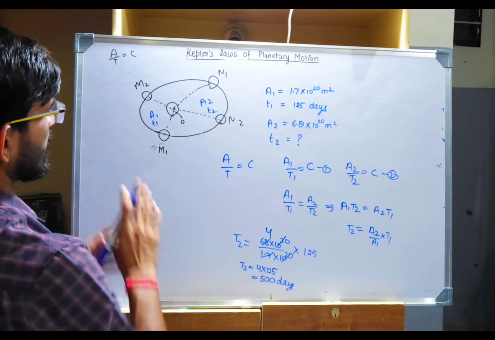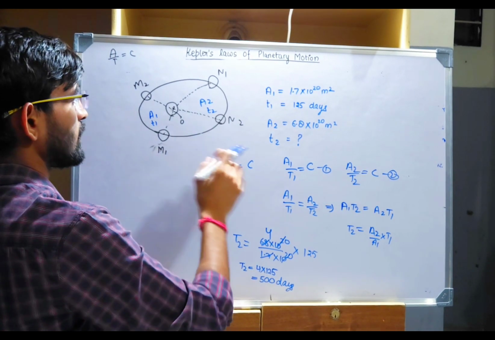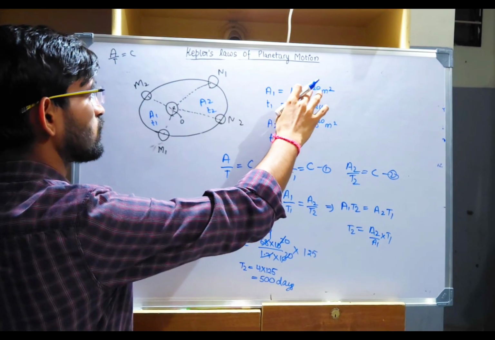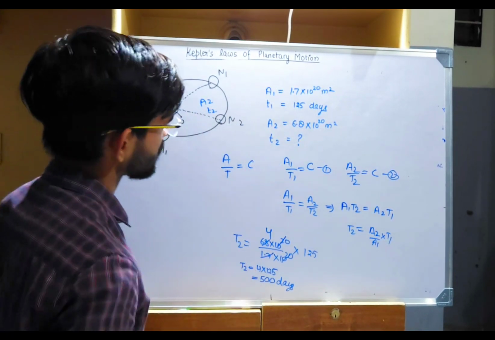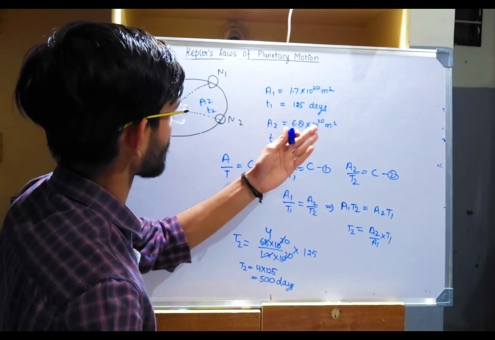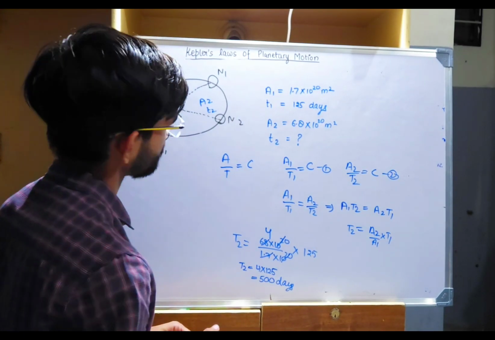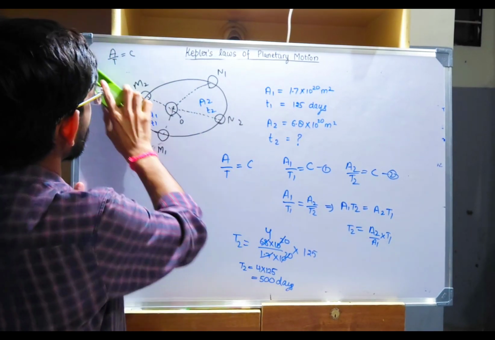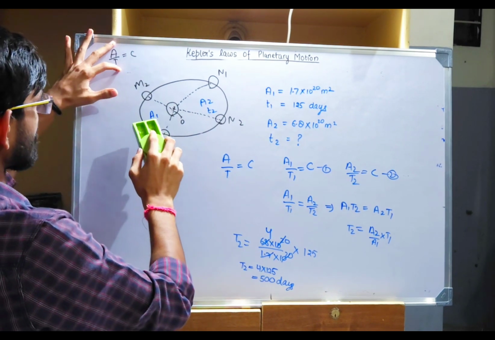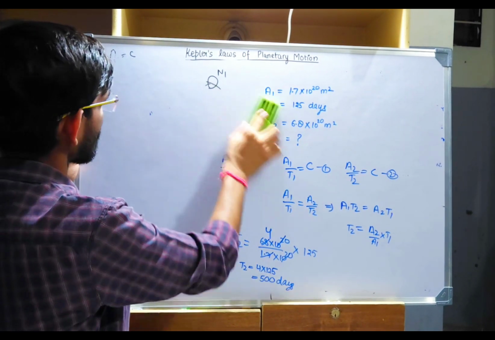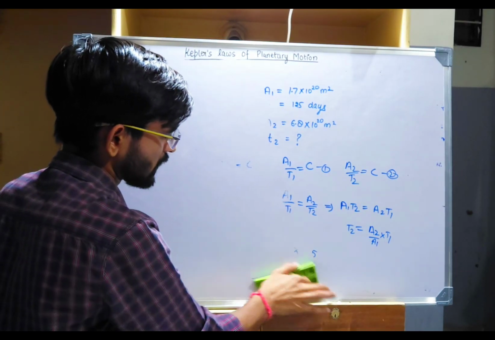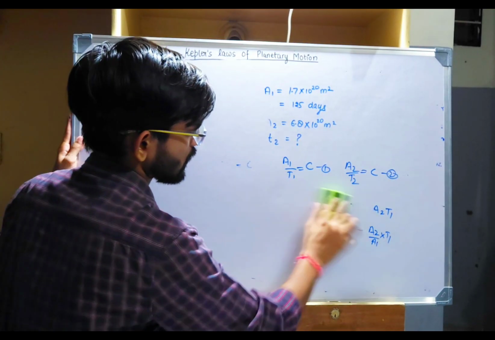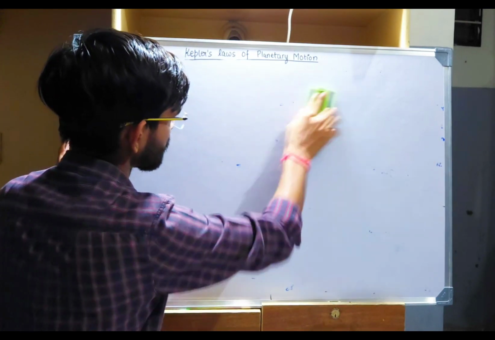So if this planet is covering an area of 1.7 into 10 raised to power 20 meter square in 125 days, then it will cover an area of 6.8 into 10 raised to power 20 meter square in 500 days. That's it. You have to just use this equation. And remember that if you increase the time period, then the area covered by the planet will also increase.